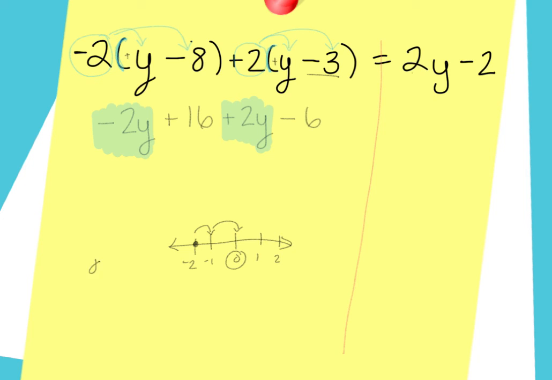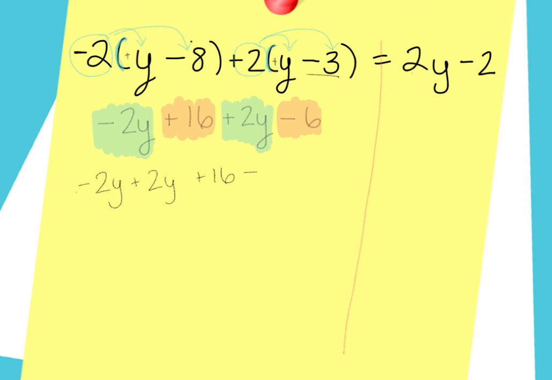But the other thing that you want to keep in mind is that anything minus itself, or whenever you are adding opposites, they will equal 0. Let me write this a little bit clearer. So I didn't highlight these other ones, but those are also like terms. So I have negative 2y plus 2y. I'm just going to rewrite them together just to keep track of everything.